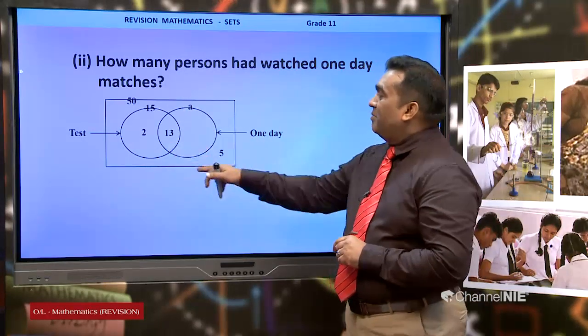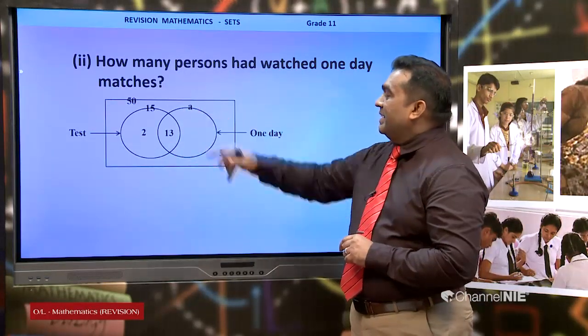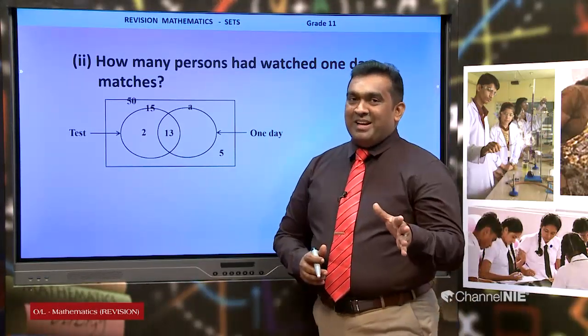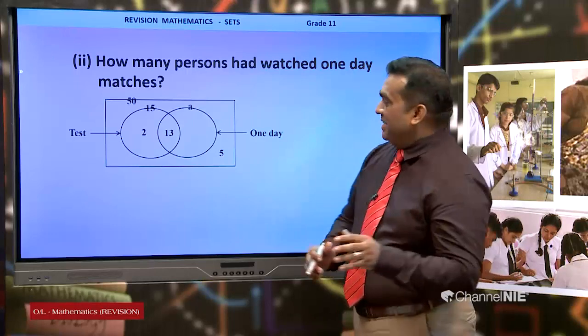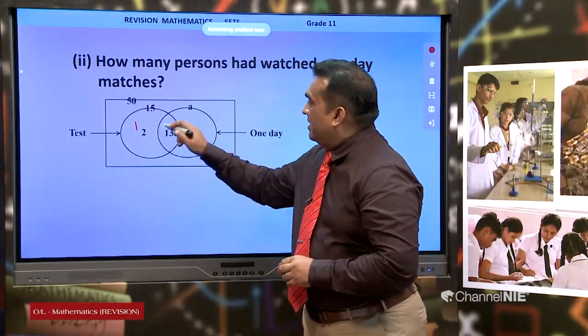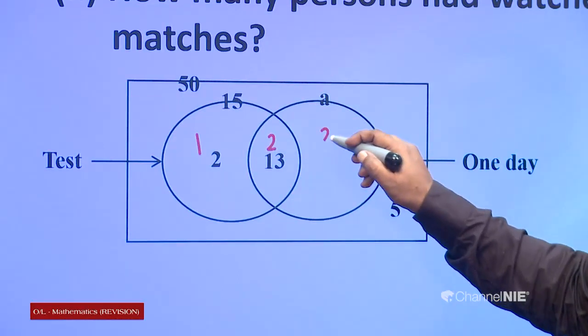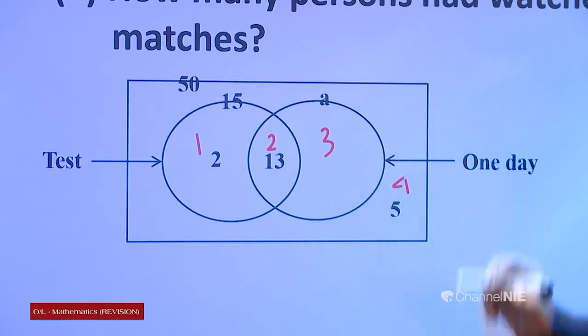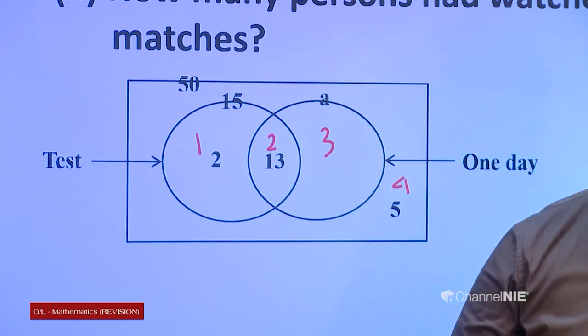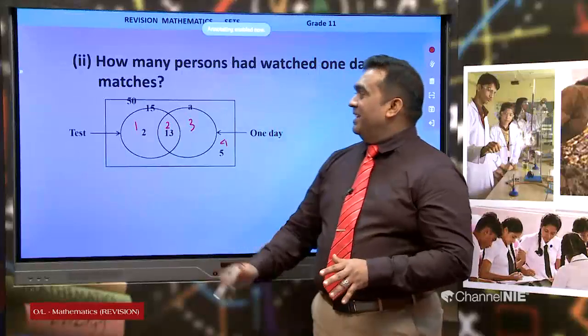Consider the total number of elements of this set as A. How many regions in this Venn diagram? How many regions? 1, 2, 3, 4. Sum of elements of these 4 regions is 50.